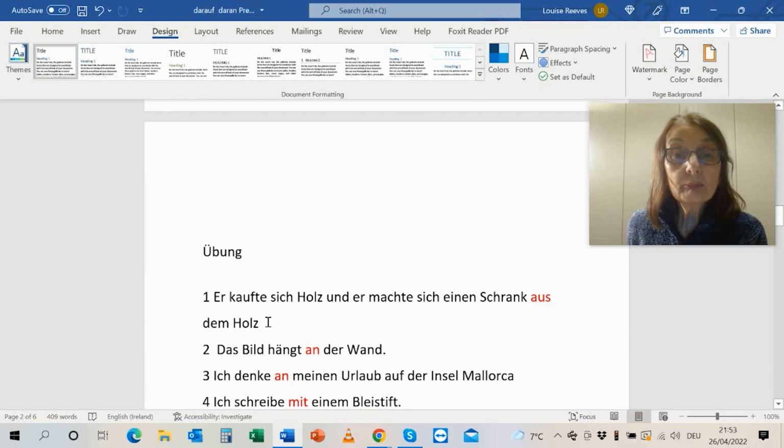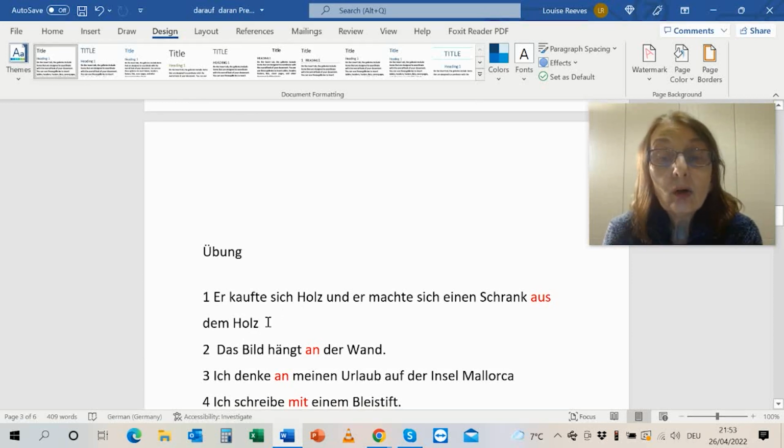Here are some examples. Kaufte sich Holz. He bought some wood for himself. Und machte sich einen Schrank aus dem Holz. And he made a cupboard for himself from this wood. Now you want to be able to replace aus dem Holz with a preposition. You don't want to repeat the word Holz, is what I'm trying to say.